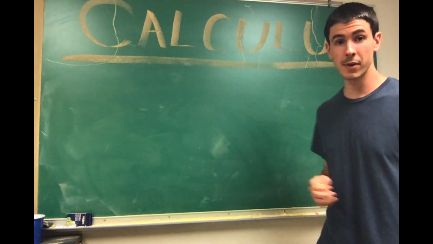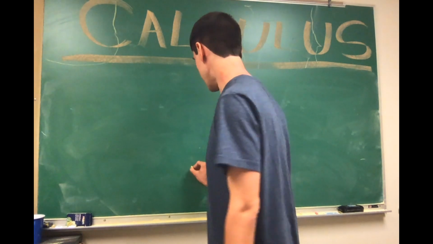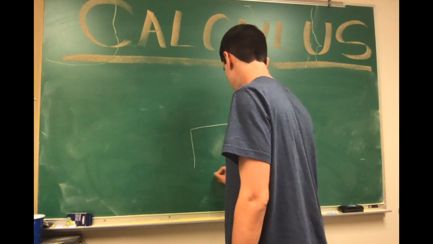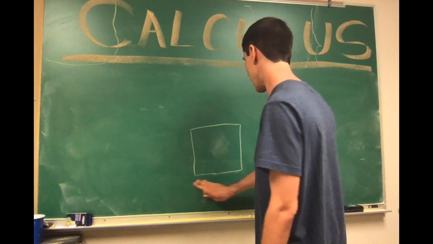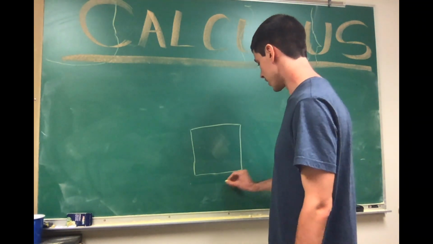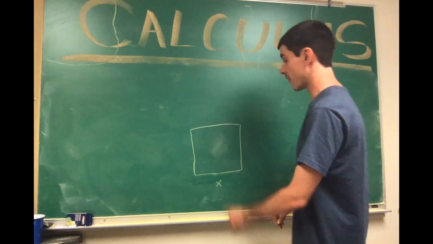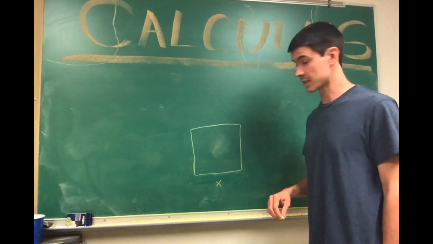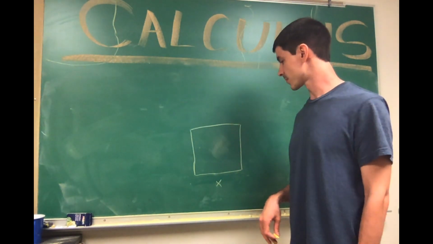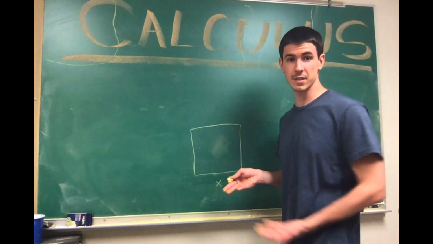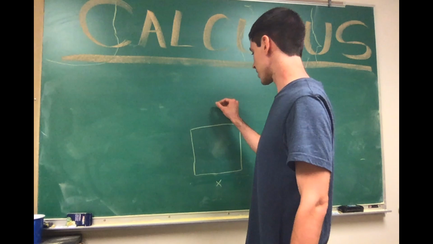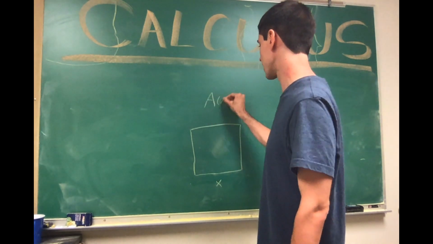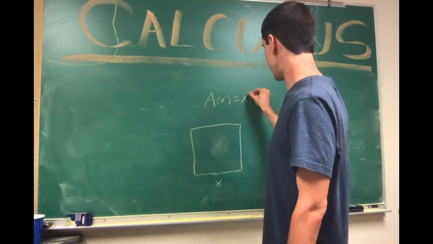So remember when I spoke of a square with length x, I think I called it L, but now let's call it x. The length of this square is x, and the area of the square is x squared. So this is, in some ways, a representation of the function f(x) equals x squared, or you can call it a(x) equals x squared, area for side length x.